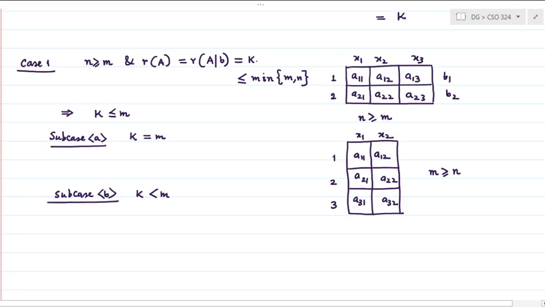Then you take any particular value of x3, and accordingly you will obtain the values of x1 and x2 uniquely. For a fixed value of x3, you will keep getting the values of x1, x2, and therefore by varying x3, you will obtain infinitely many solutions. And therefore for k equal to m, this system will have infinitely many solutions.